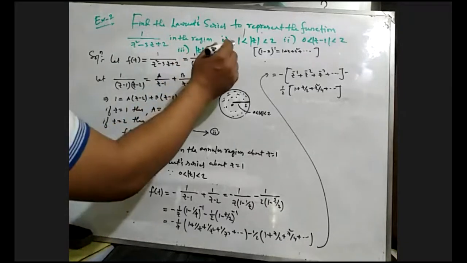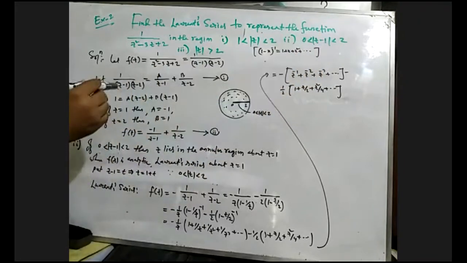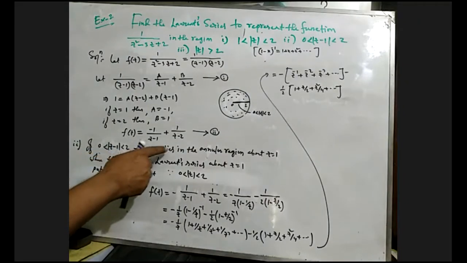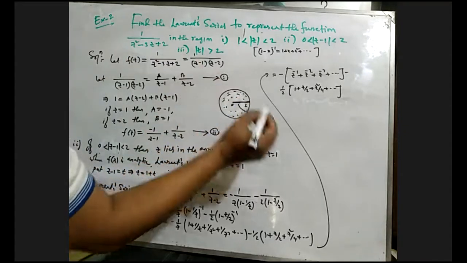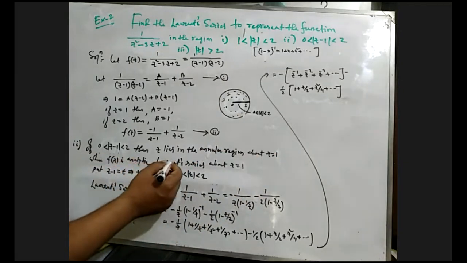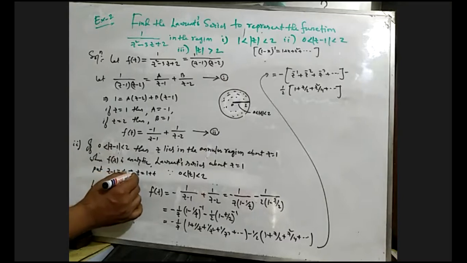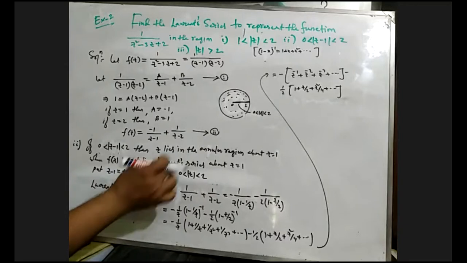So for the second one, 0 less than |z minus 1| less than 2. Same function. If 0 less than |z minus 1| less than 2, then z lies in the annular region about z equals to 1, where f of z is analytic, so we need the Lorentz series about z equals to 1. So we put z minus 1 equals to t, then z equals to 1 plus t.